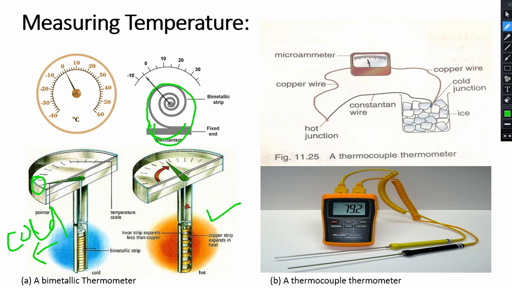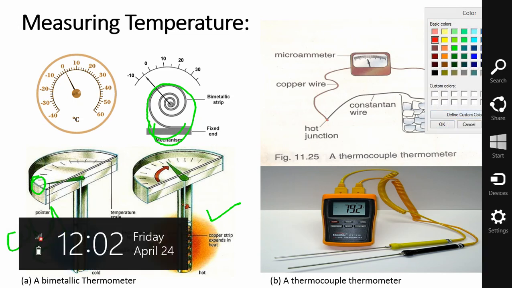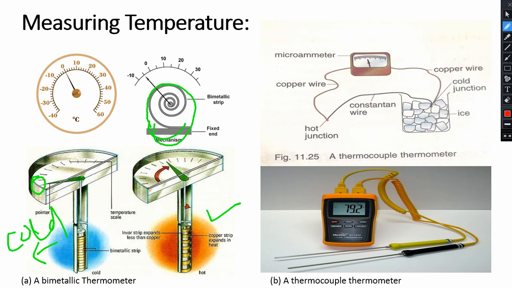When the brass contracted and the iron expanded, they made a force on this pointer, and this pointer is toward 0°C.